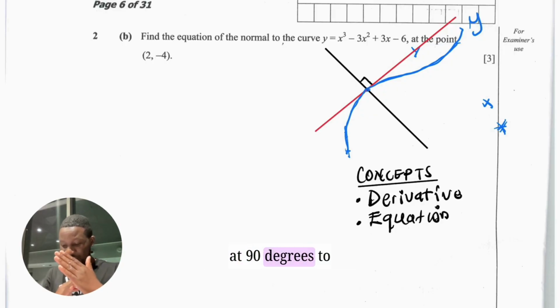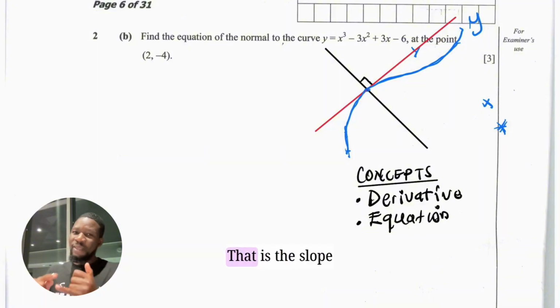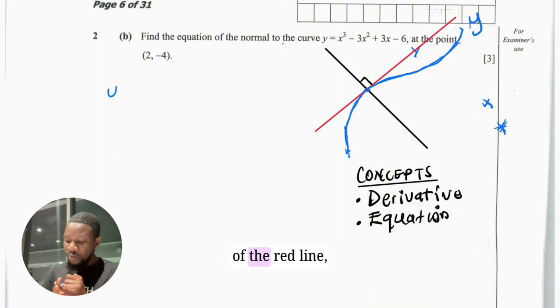It meets the tangent line at 90 degrees. Okay, so what we need here is just one thing, that is the slope of the red line, which is the slope of the tangent.